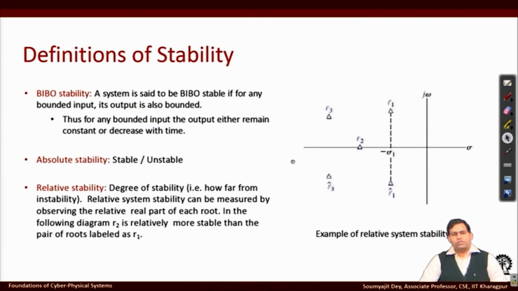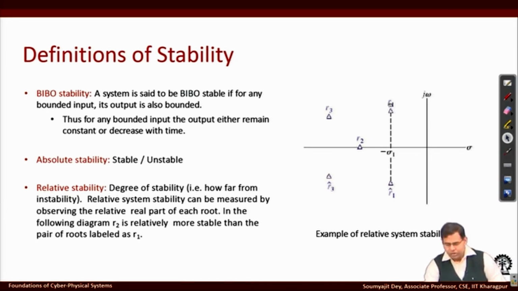And then we also have this concept of relative stability, that's the degree of stability. That would be measured by observing the relative real part of each root. So for example, suppose we have two systems, and in this diagram we are claiming that R2 is relatively more stable than the pair of roots labeled R1.